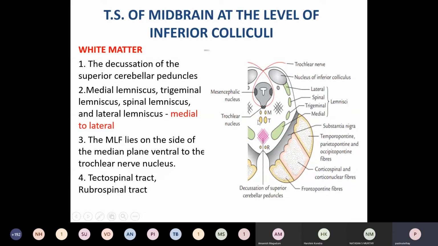Then, similarly to the section in the pons, there are the medial longitudinal fasciculus, tectospinal tract and rubrospinal tract. In all the sections you have studied so far, the presence of the medial longitudinal fasciculus, tectospinal tract, rubrospinal tract and the lemnisci is a common feature.